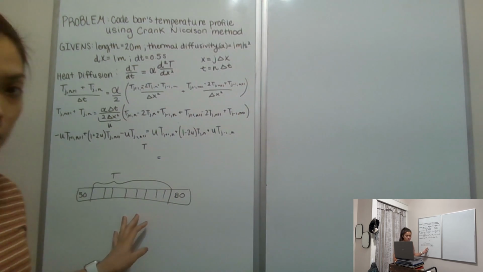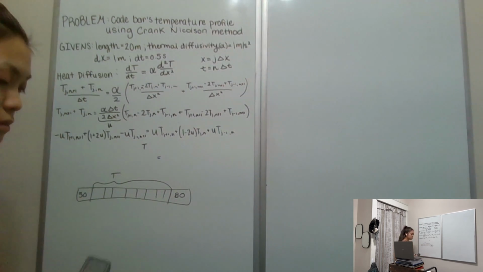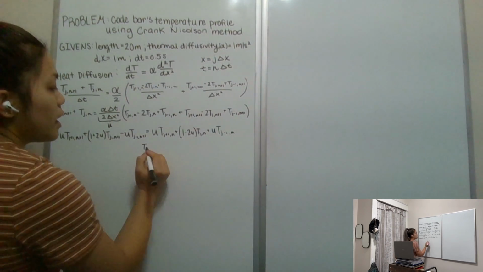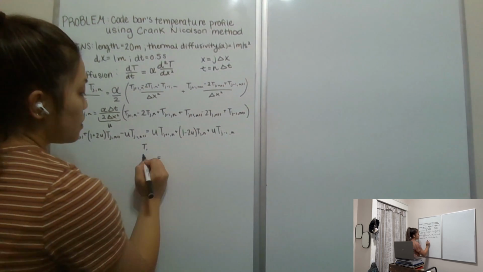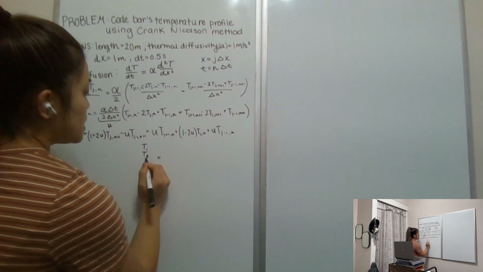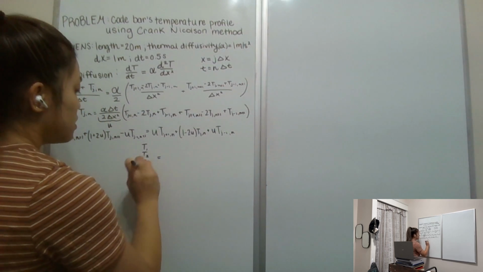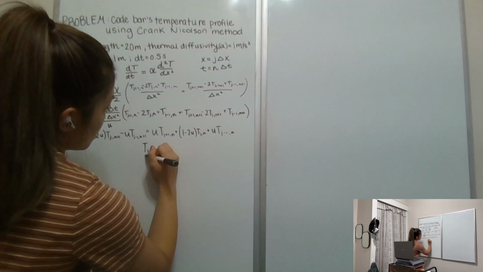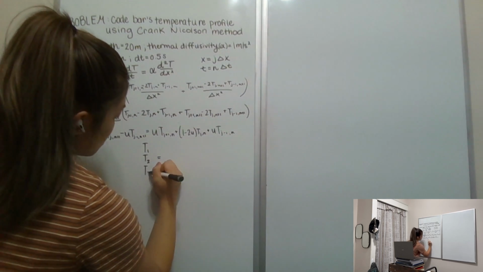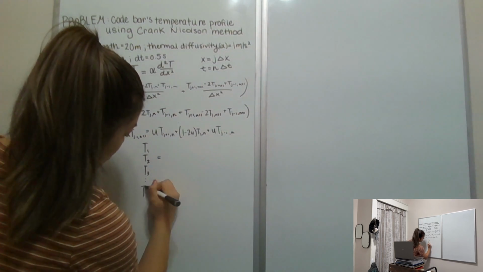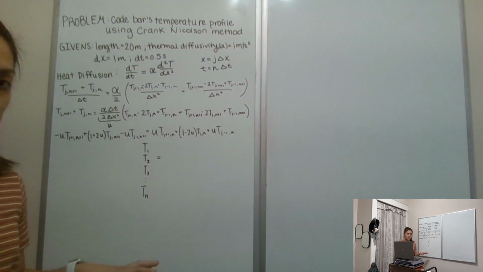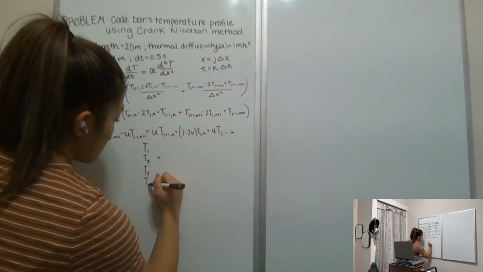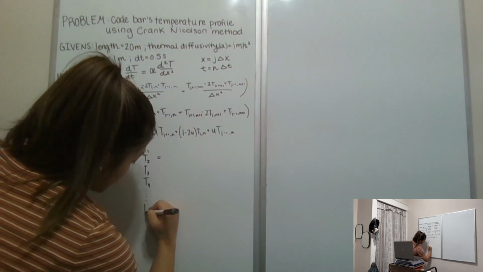These temperatures are what we are solving for. And so we start at the first temperature, and then we'll be going down: temperature at position 1, 2, 3, all the way down to however many increments there are. We'll do one more actually, temperature at 4, so we have the room for it, and then down to n.